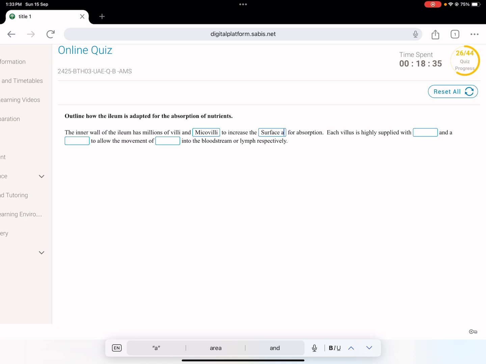So increase the surface area for absorption. It's highly supplied with blood capillaries, okay? So blood capillaries, and of course we said a lacteal to allow the movement of fats.